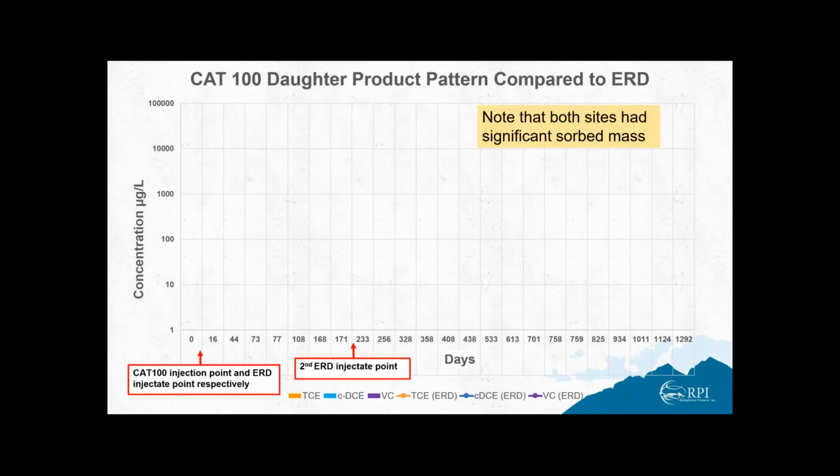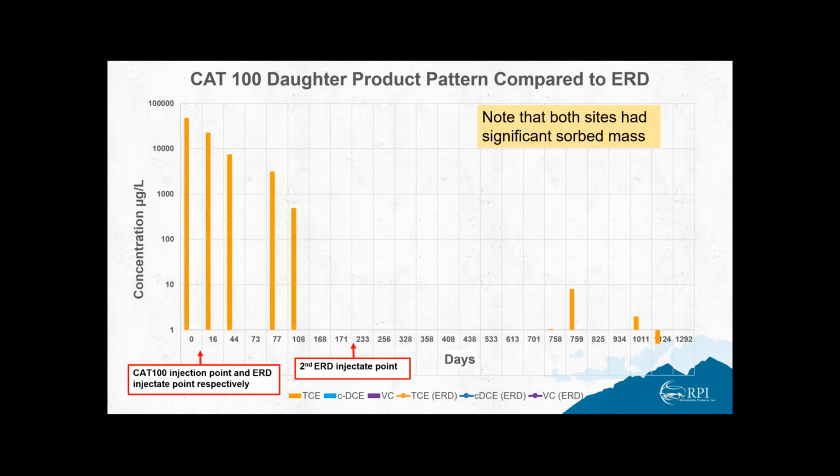Okay, so let's look at this. What I want to show you now is not a BOS 100 comparison to EDR, but a CAT 100 comparison to EDR. So here is the TCE concentration for the CAT 100. You'll see that you're up there at above 10,000 micrograms a liter.